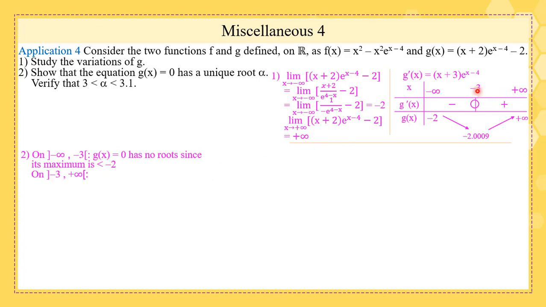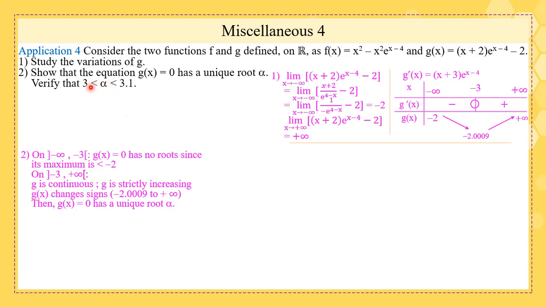And on the interval negative 3 to plus infinity, we can see that g is continuous, g is strictly increasing, as you see, and g of x changes signs. It changes signs from negative 2 point to plus infinity. So from these three conditions, we can tell that the equation g of x equals 0 has a unique root alpha. So alpha is a root that falls somewhere here.